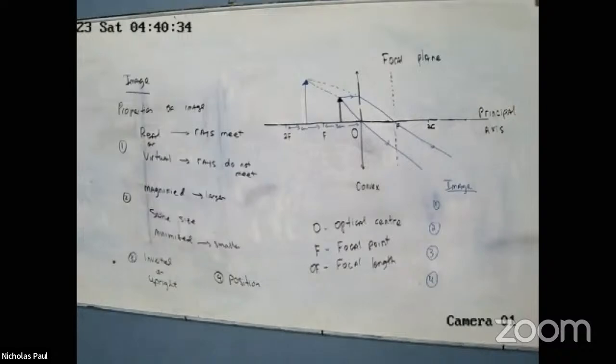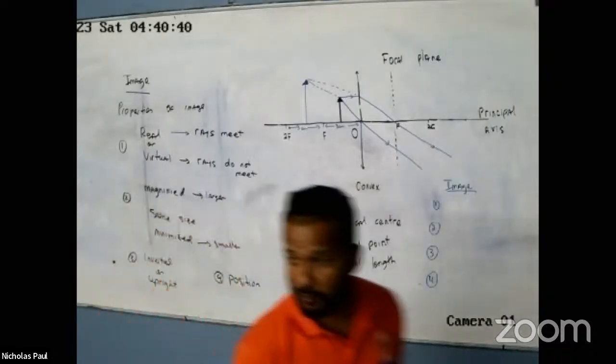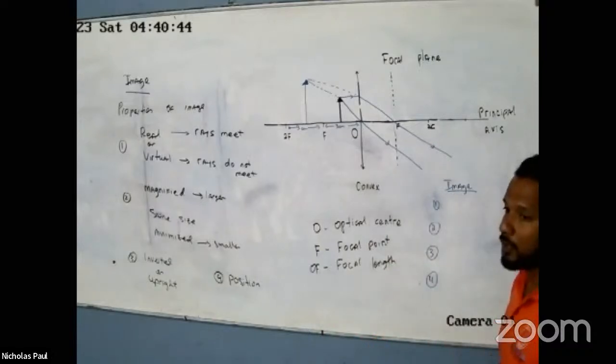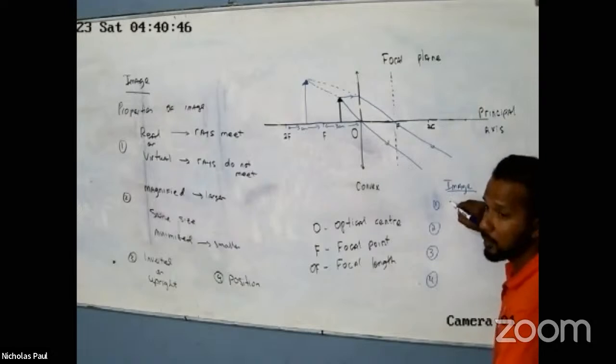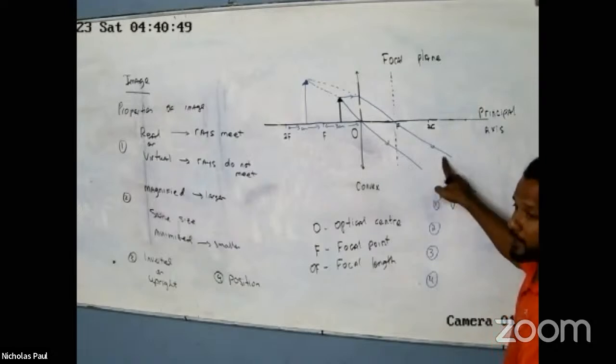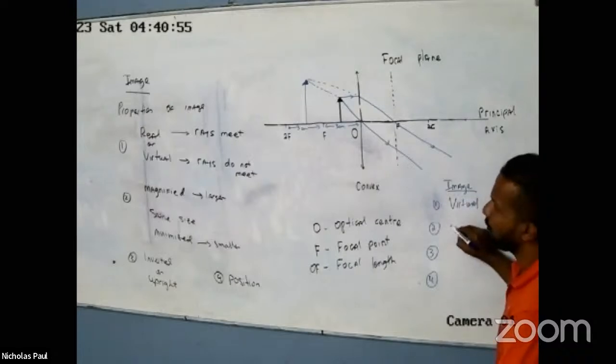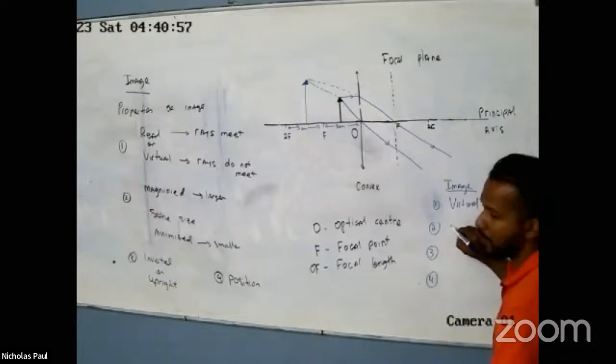Tell me the four things about the image. Real or virtual? Virtual, because these rays don't meet. Larger, magnified, same size or minimized? Good job.